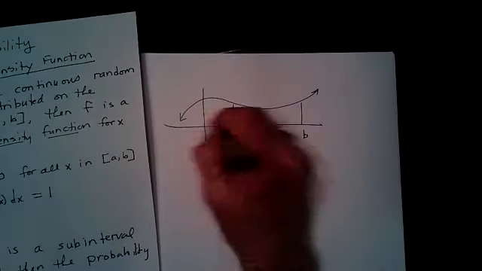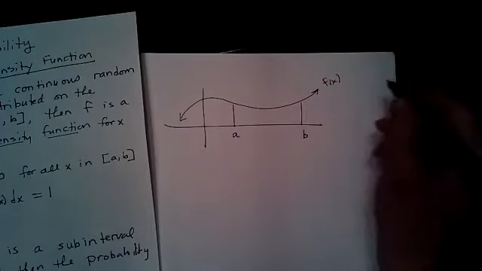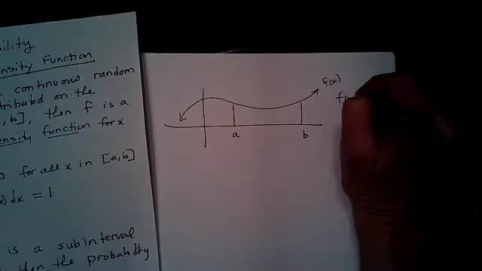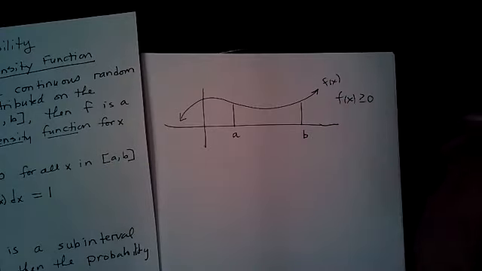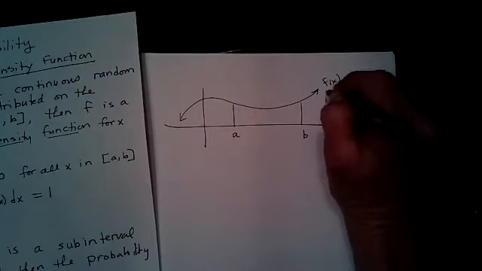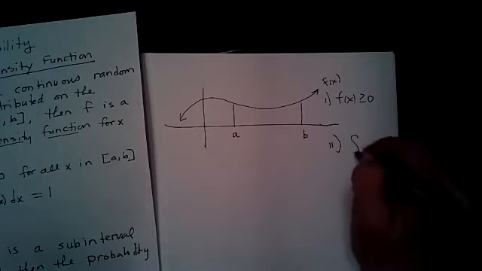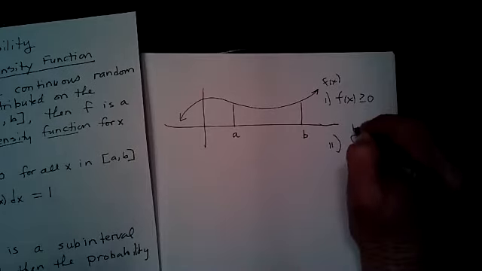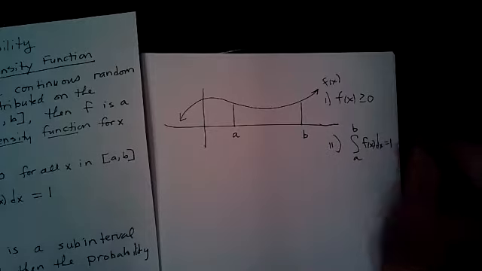Well, what does that mean? It just means it lies above the x-axis. So f of x, for all x, lies above the x-axis. And that's condition 1. Condition 2 says, if I integrate my function from A to B, I'm going to get 1.